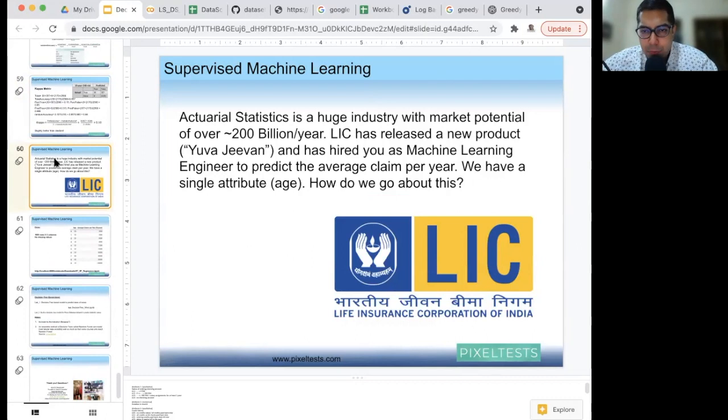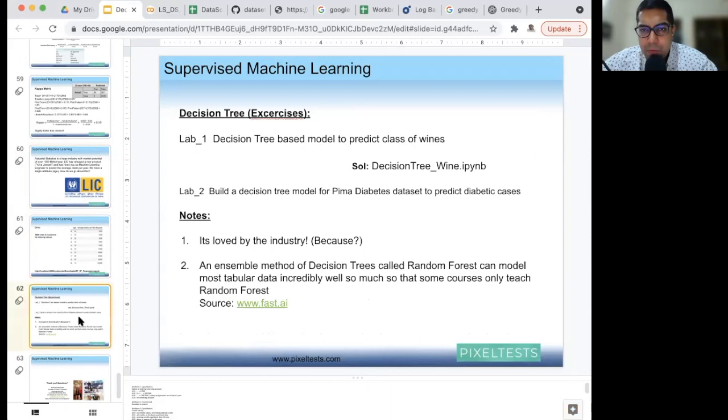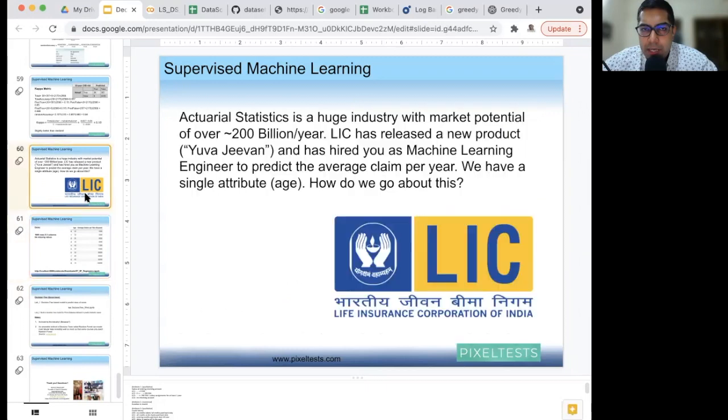This is a data set that I could also share on demand. Can you calculate the basic decision tree, and can you calculate the average number of claims? It's a regression problem. With that, we will pause the recording for the decision tree piece.